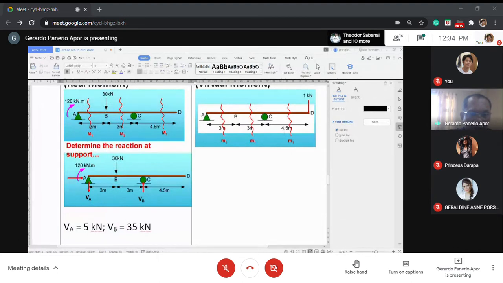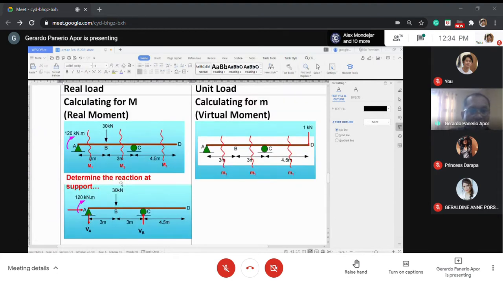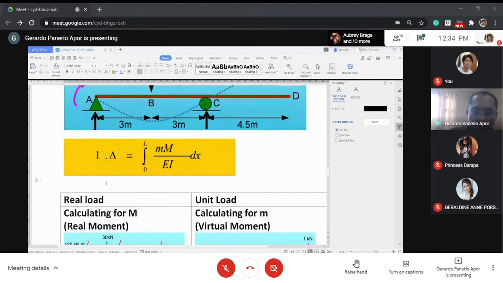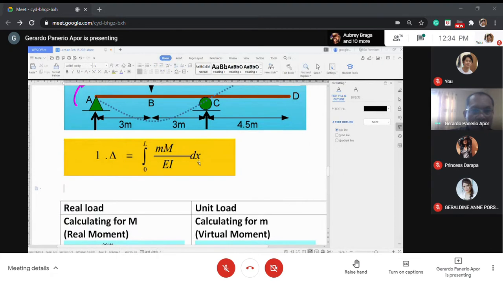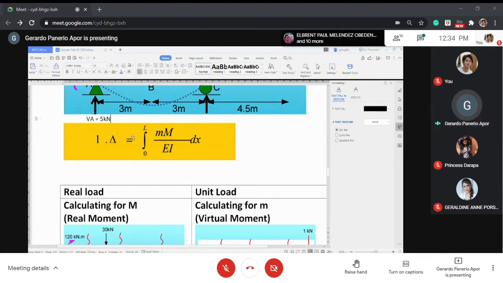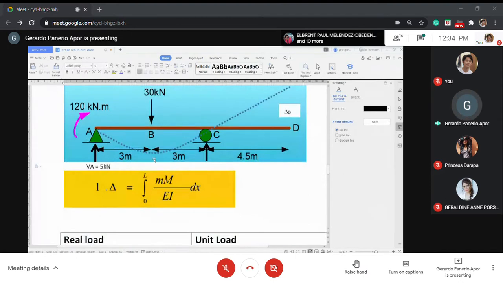This is BC, not BE, but BC. There's no B because B is the point where the load is being applied. Okay, so reactions here. We have BA equals 5, it is full already because of the torque that is present here.